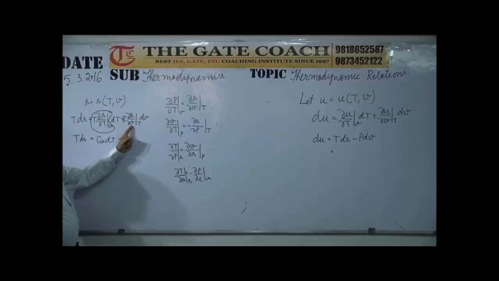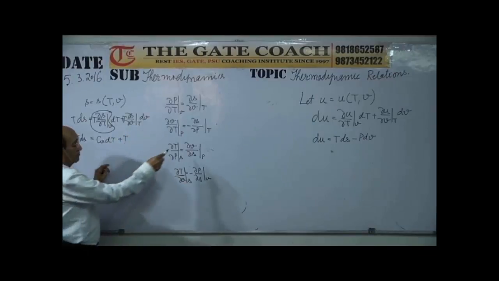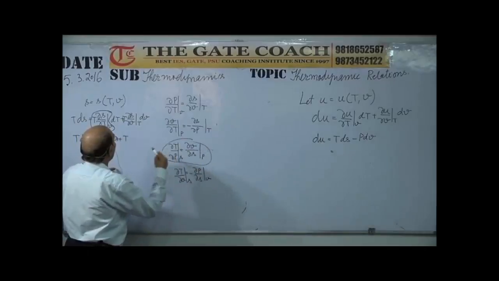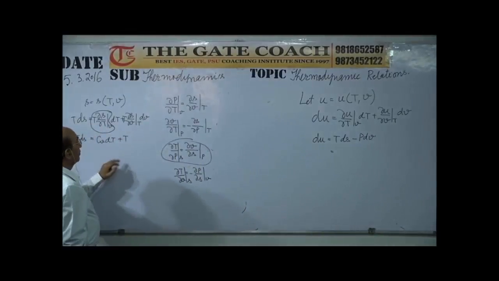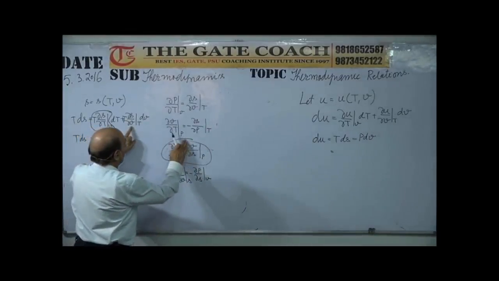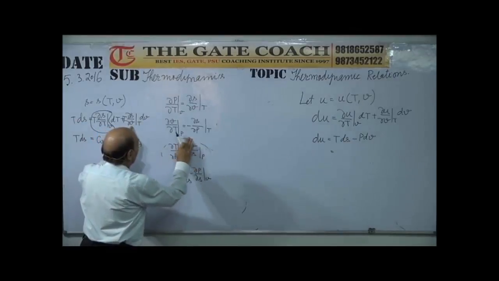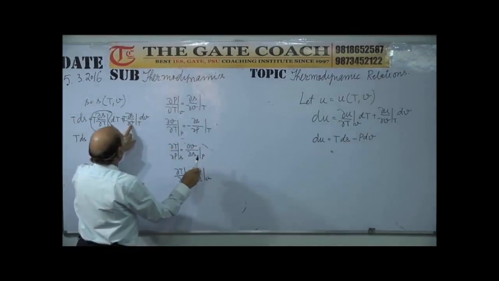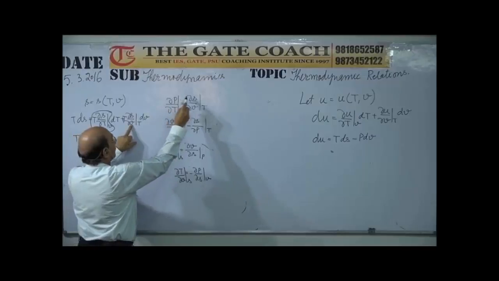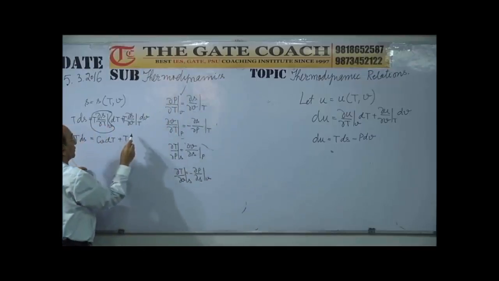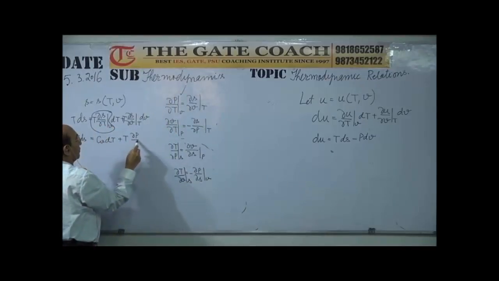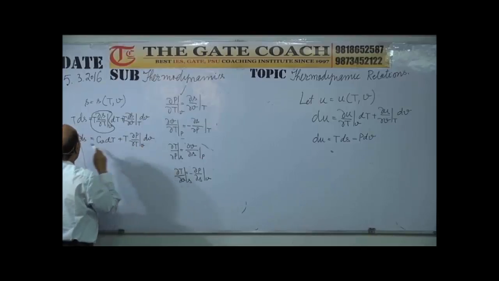Del S by del V at constant temperature is to be replaced by some Maxwell relation. This is del S by del V at constant temperature. This is given by del P by del T at constant volume into dV.